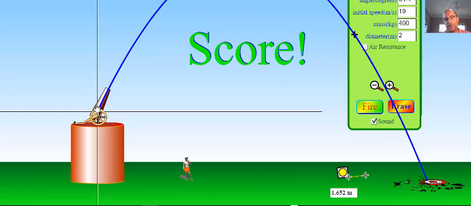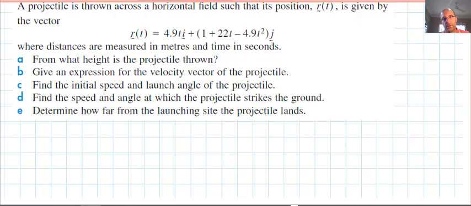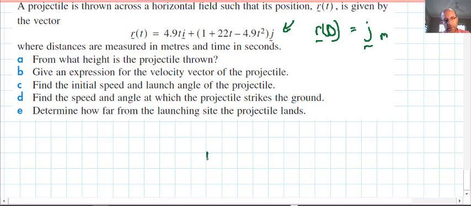The thing is that you notice that the launch height and the landing height are different, and that's a variation on this sort of question. When we sub t equals 0 into this given equation here, r of t, we'll notice that r of 0 will equal 1j. So that's 1 meter.